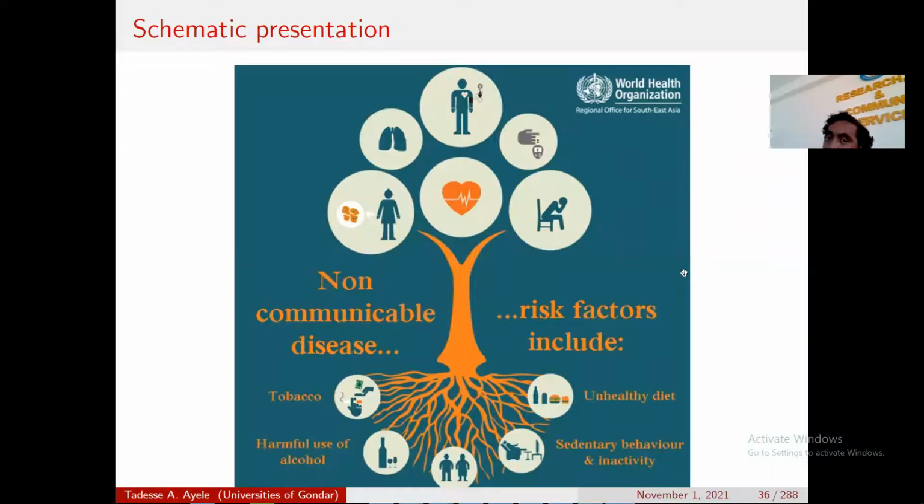This is what I found from WHO bulletin, World Health Organization bulletin, which places the dependent and independent variables like a tree.